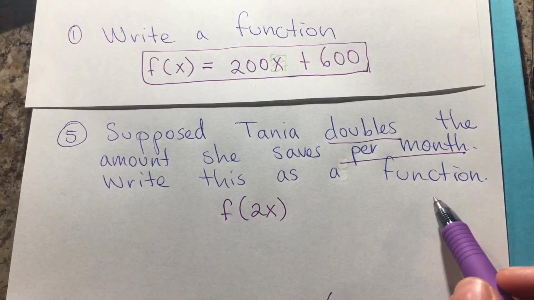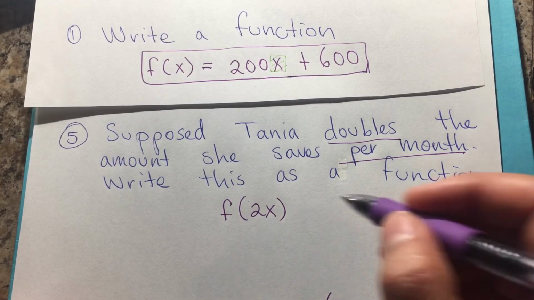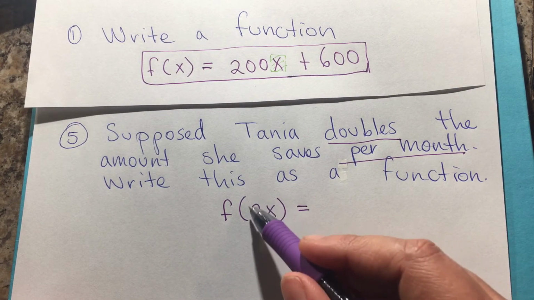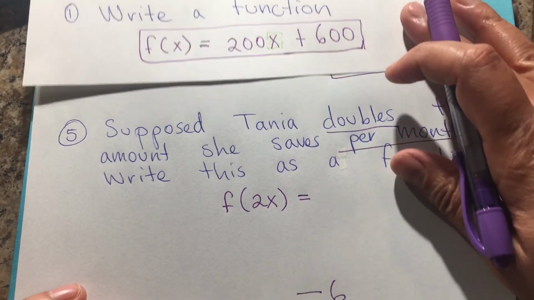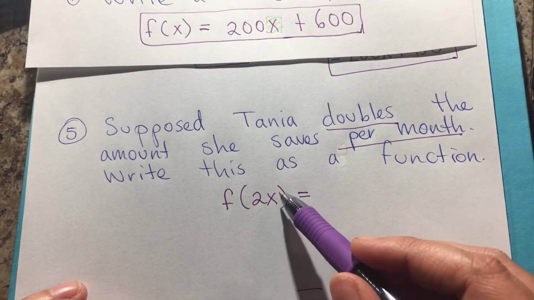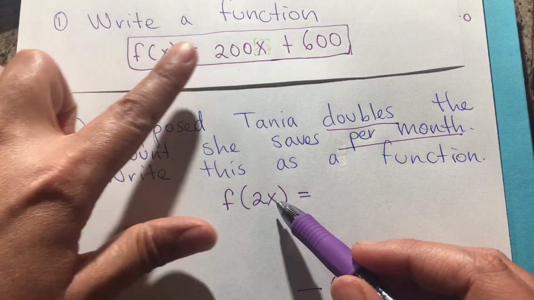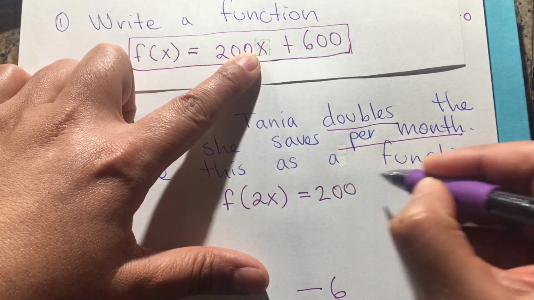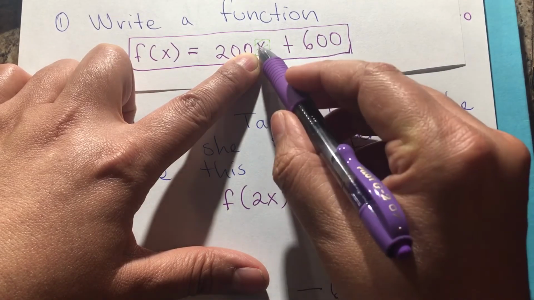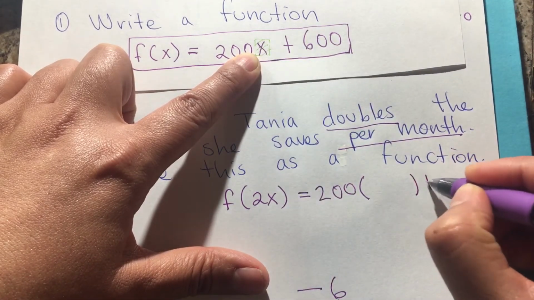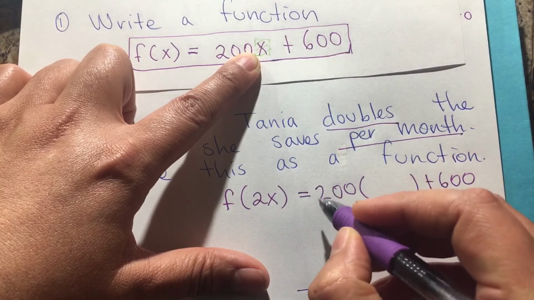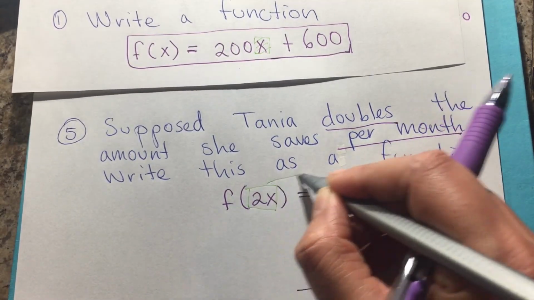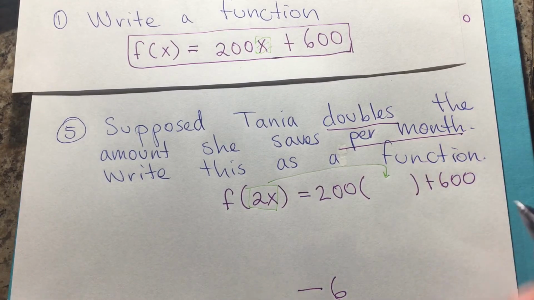Okay, number 5. Suppose that Tanya doubles the amount she saves per month. Again, in here, it's inside of the parentheses. So what are you going to do? Get the function, but when we get to x, put a parenthesis. 200 parentheses plus 600. And whatever is inside of the parentheses, we bring it in there.